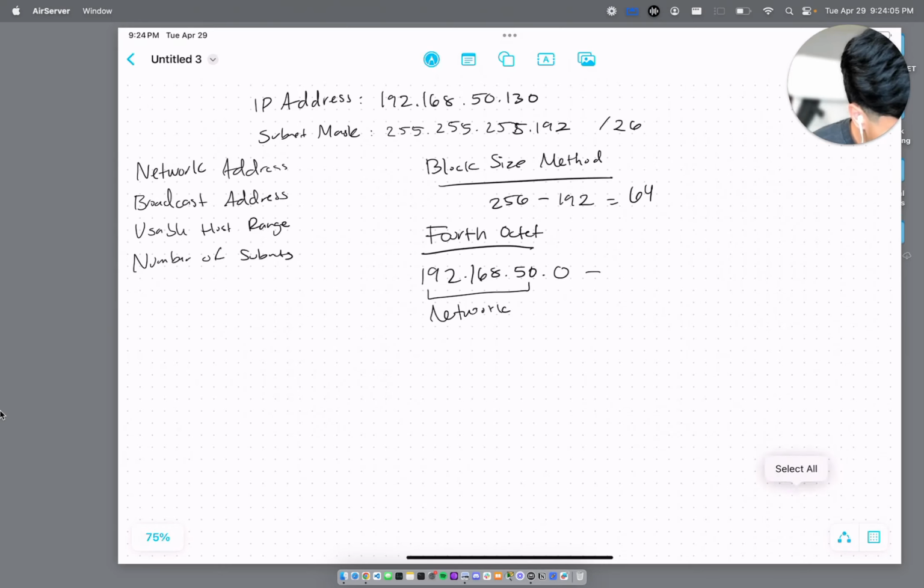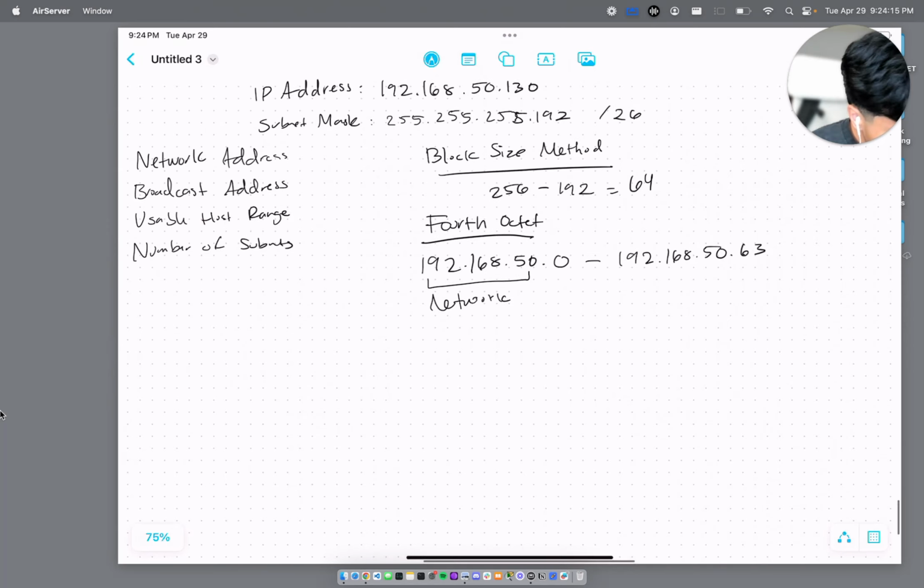So the first network is going to be 192.168.50.0 to 192.168.50.63, then 192.168.50.64 to 192.168.50.127, that's going to be 128.